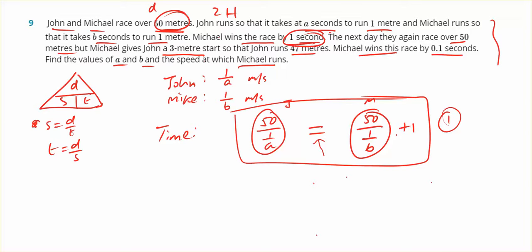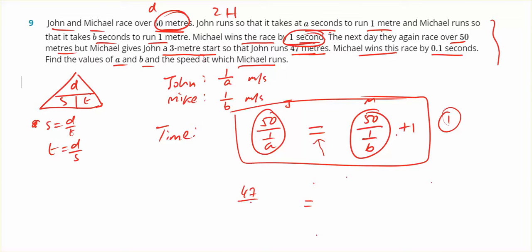Now the next part is: the next day they run the race over 50 meters, but Michael gives John a 3-meter start so that John runs 47 meters. Okay, so in this case, we're going to equate time again. So we know that John has a 3-meter start. So instead of John running 50 meters, he now runs 47 meters.